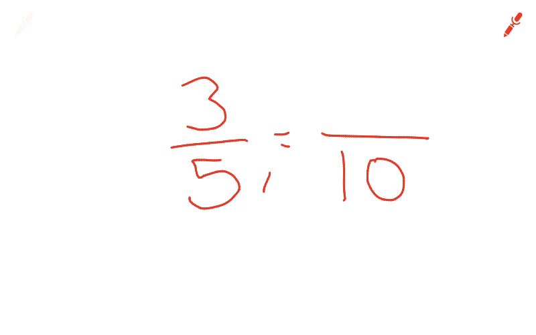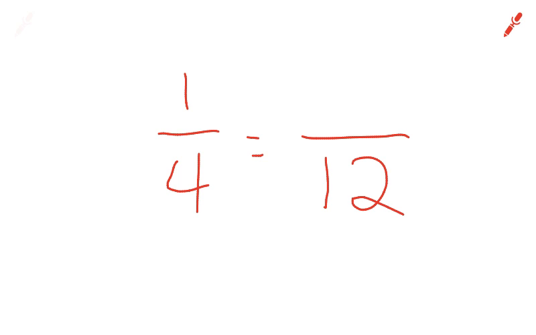If we do a times 2 right here, we have to do a times 2 up there. 3 times 2 is 6, and we get 6 over 10. 1 over 4 equals something over 12. 4 times 3 is 12, so we do 1 times 3 gives us 3, and our answer is 3 over 12.